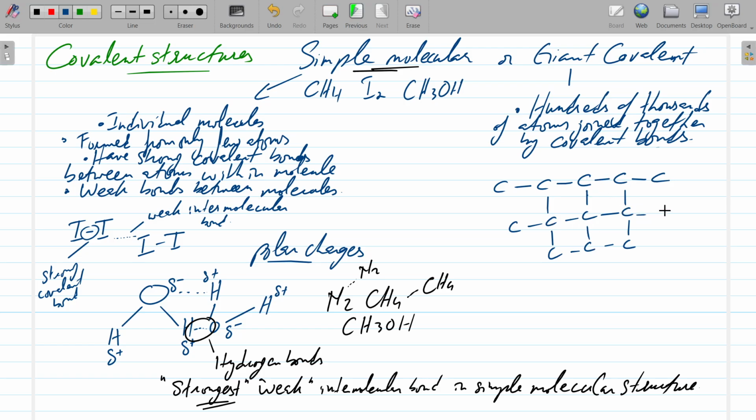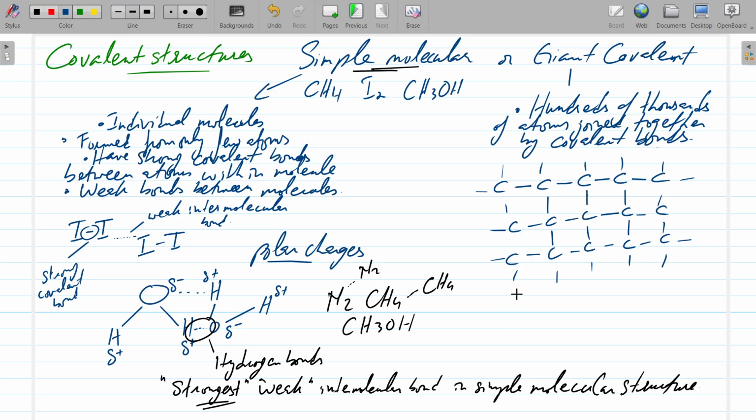Now it looks like a layer, sort of. It's not exactly a layer, but the point is that you can see, it's not just a few atoms, like CH4 has 5 atoms and CH3OH has 6 atoms. It would be a massive structure if you just draw this out.